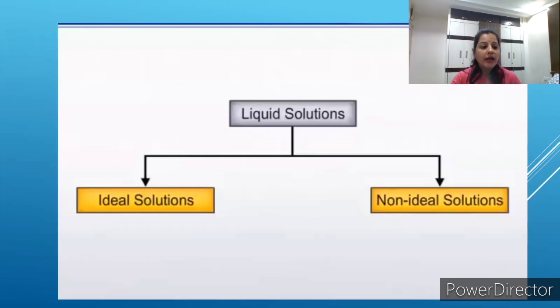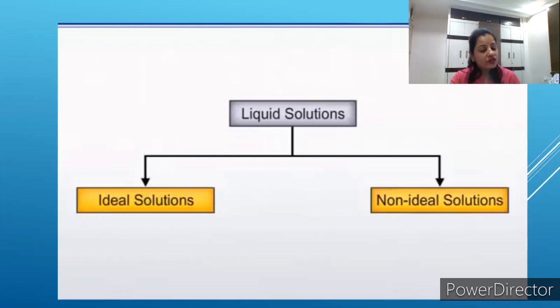Generally, when we use the word ideal, we use it for persons. When we say an ideal person, he behaves in an ideal manner, a perfect manner in each and every situation, then we call him a perfect person or the ideal person. Similarly, the solutions which obey Raoult's law will be called the ideal solution.